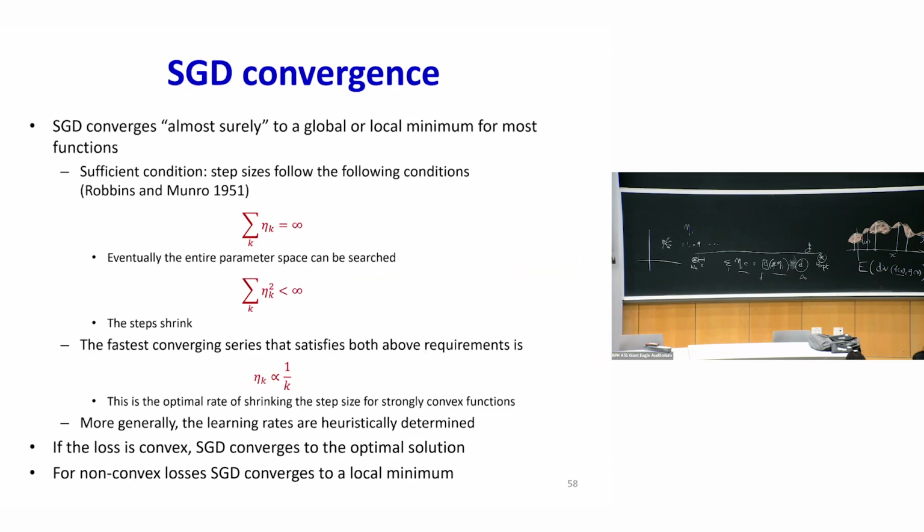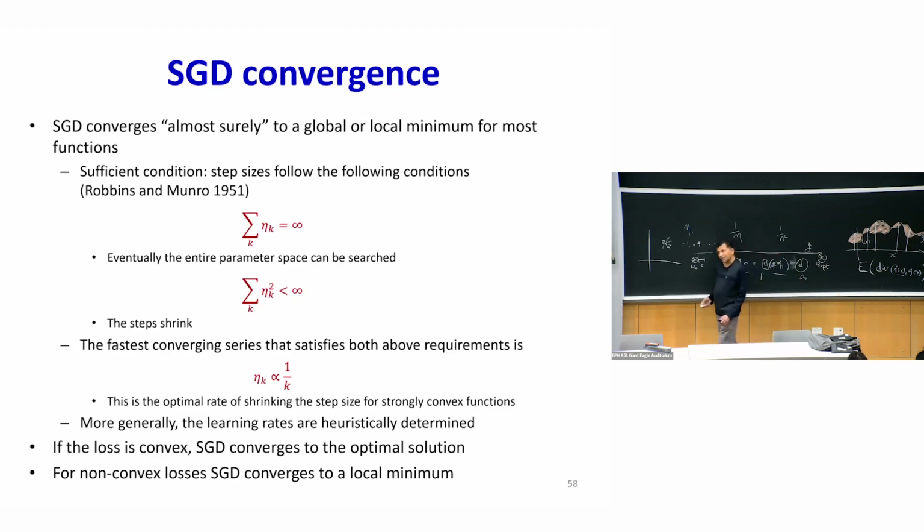So can anybody give me an example of a series where the sum of the series is infinite, but the sum of the squared values is finite? Yes? 1 over x, right? The harmonic series. We know that 1 over n is divergent, 1 over n squared is convergent.